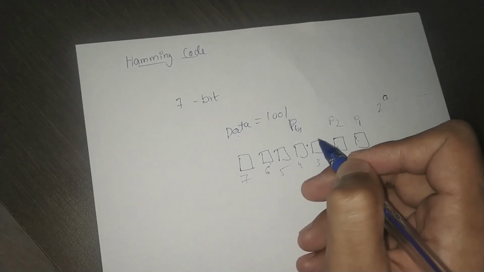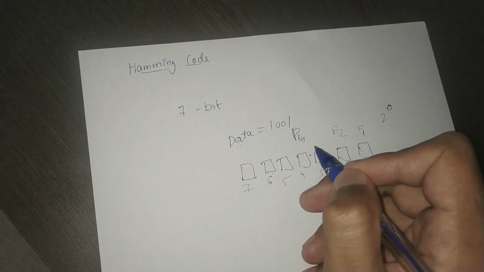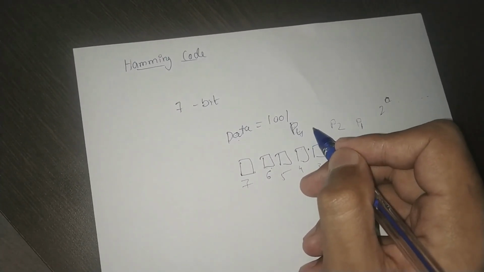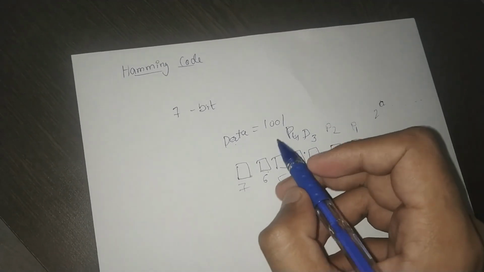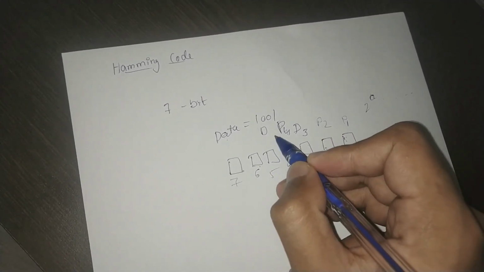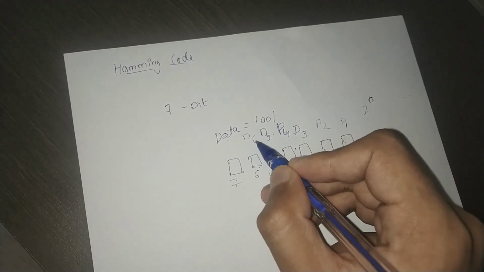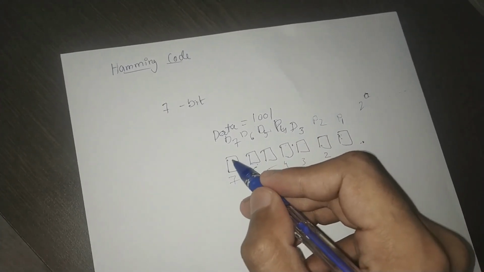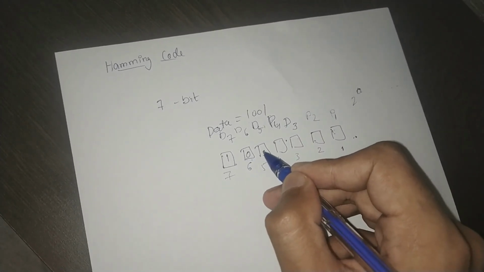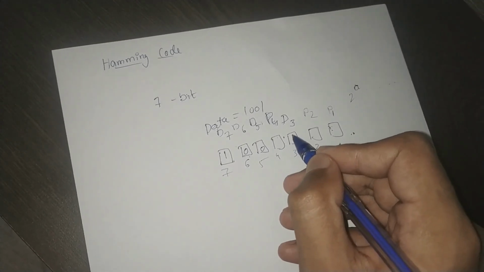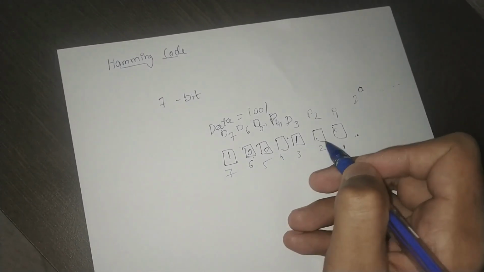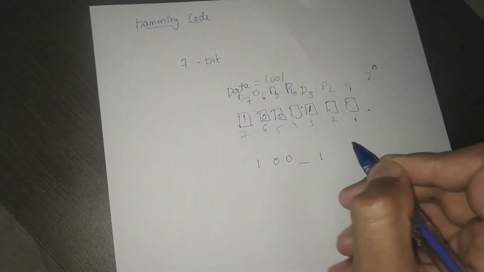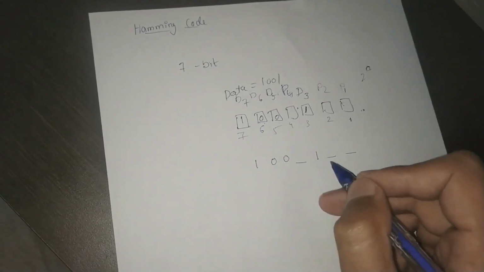We will not write D1, D2, D3, D4, we will just use the position, so this will be D3, then D5, D6 and D7. So you write your data like this: 1 0 0 1, so it is 100 something 1 something something. This is your Hamming code which you will be transferring.